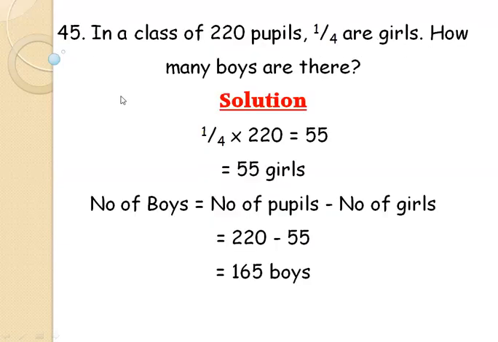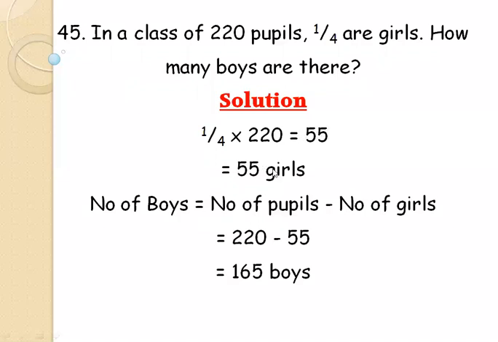Then number 45 says, in a class of 220 pupils, 1 over 4 are girls. How many boys are there? So first of all, let's look for what 1 over 4 of 220 is. 1 over 4 times 220. 4 in 22 is 5. I'm left with 2. I'll put it here. 4 in 20 is another 5. So 55 girls.